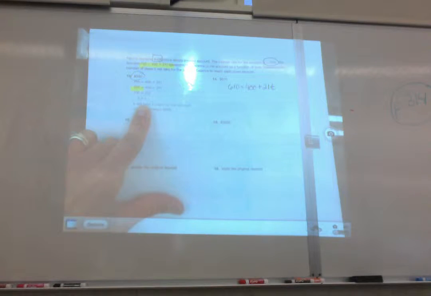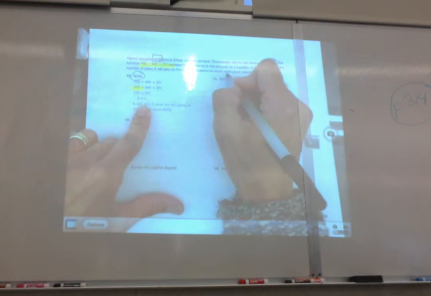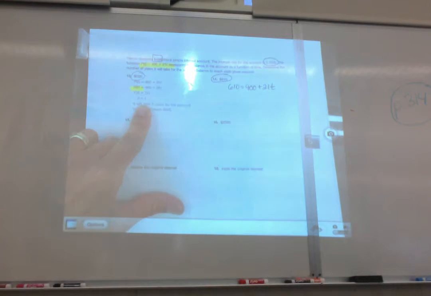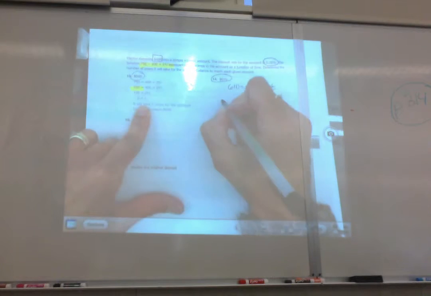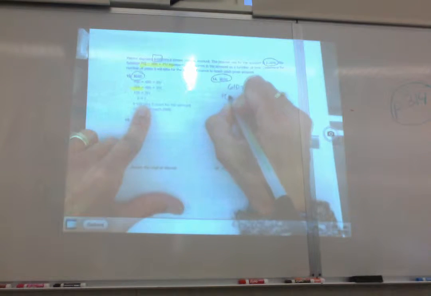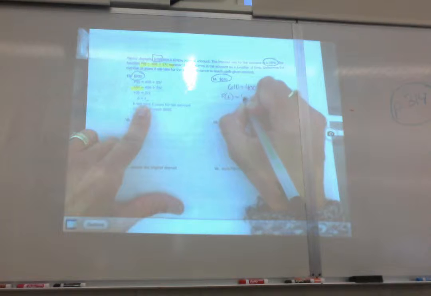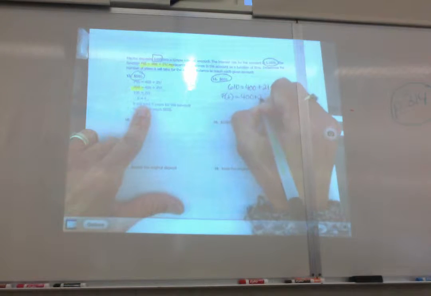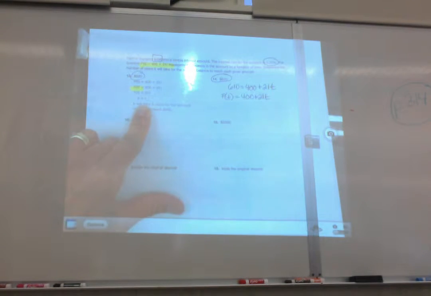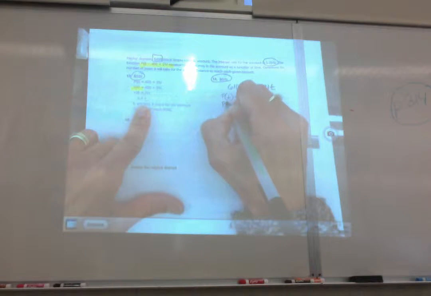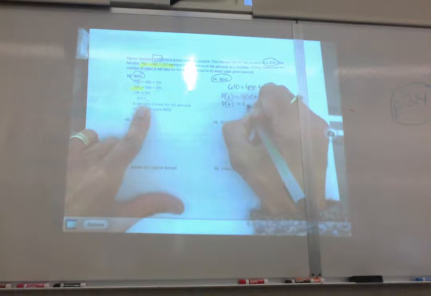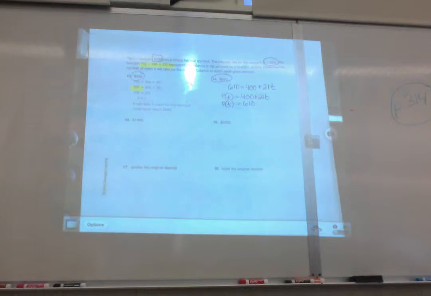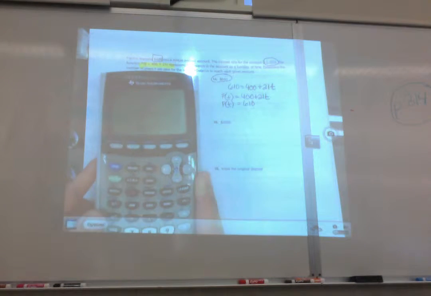But since we have a graphing calculator, what we end up doing is graphing that as its own function. One thing we know is that P of t equals 400 plus 21t, and we also know P of t equals 610. So we go ahead and do the intersect feature.